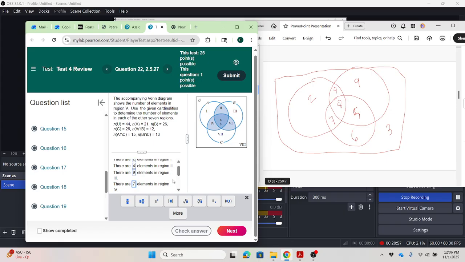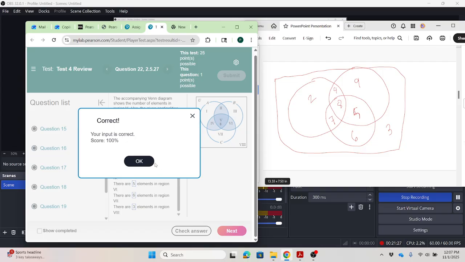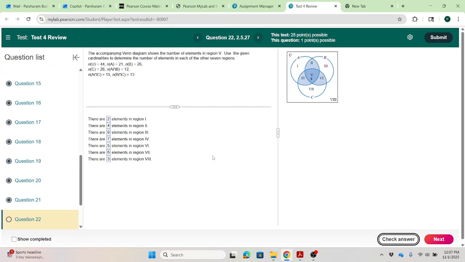Fifth region, which is all, so that means it's 8. Fifth is already given. Sixth is B intersection C, which is 5, and 7th is which is only in C, which is 6. And then there are 3 elements in 8, right? Excellent. Yeah, you have to go from the all 3 intersection and then 2 of them and then count the leftover.